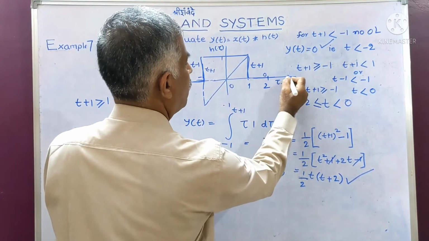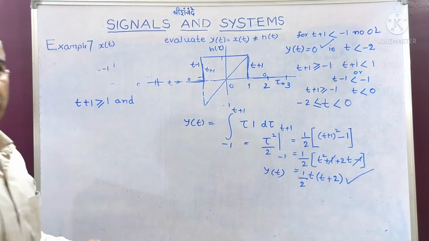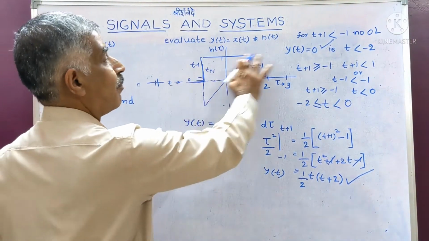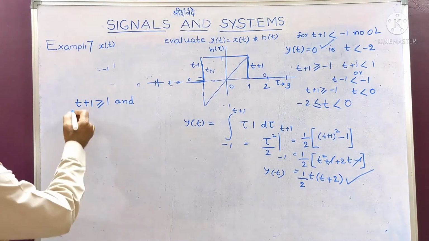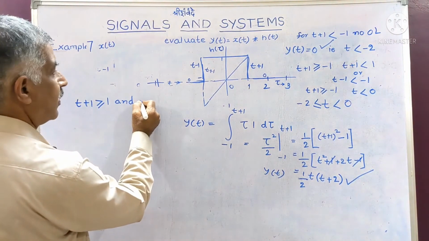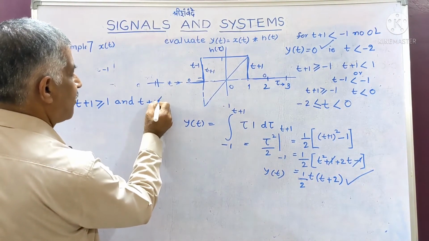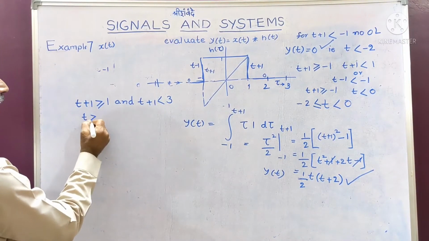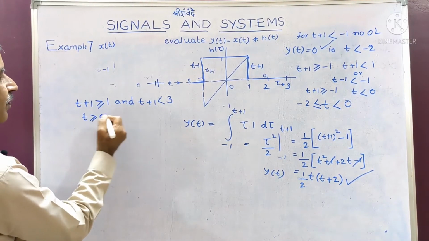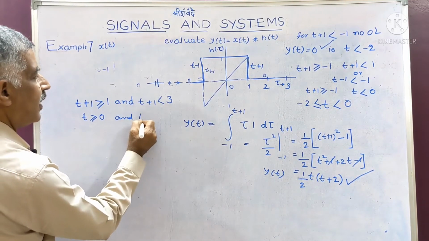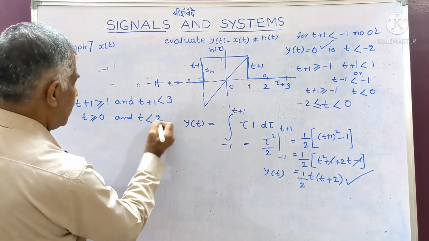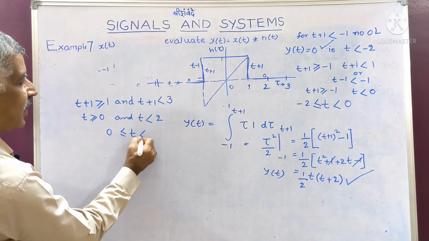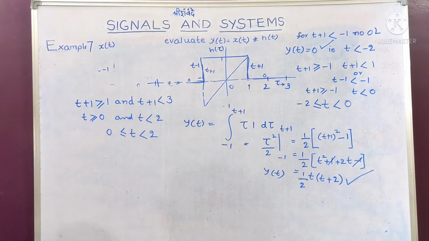I will move up to 3. If I move up to 3, then only this edge will completely sweep. Therefore, t plus 1 greater than 1 and t plus 1 less than 3. Combine these two: t greater than or equal to 0 and t less than 2. That is 0 less than or equal to t less than 2.